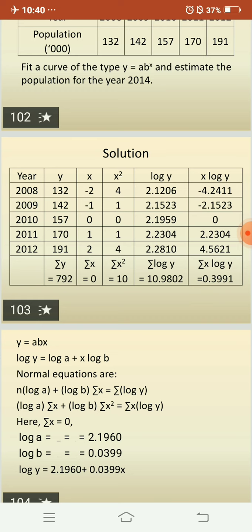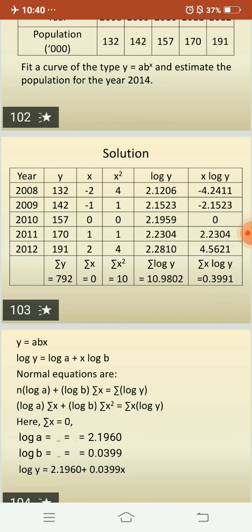Minus 2 into 2.1206, here you get minus 4.2411. And again minus 1 into 2.1523 equals minus 2.1523, and 0 into 2.1959 equals 0. 1 into 2.2304 equals 2.2304, and 2 into 2.2810 equals 4.5621.